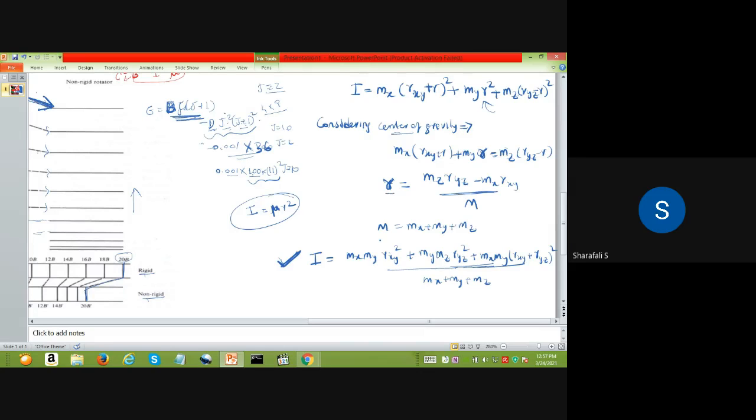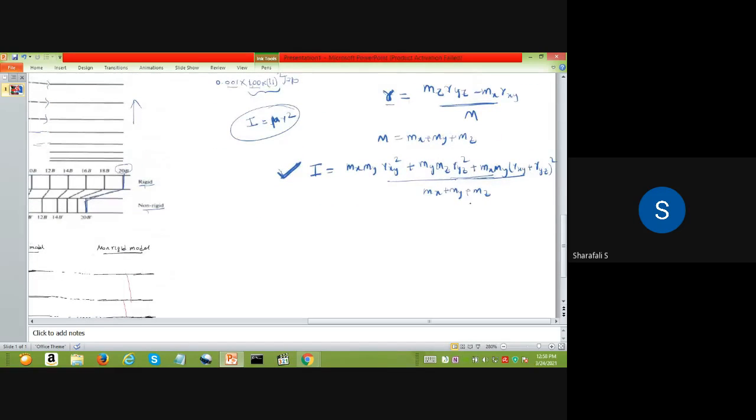Now what will happen in the case of a symmetric top molecule? We have discussed diatomic molecules as well as polyatomic molecules. Now what will happen if you have a symmetric top molecule, apart from a linear molecule? For the case of a symmetric top molecule, we have two different scenarios.